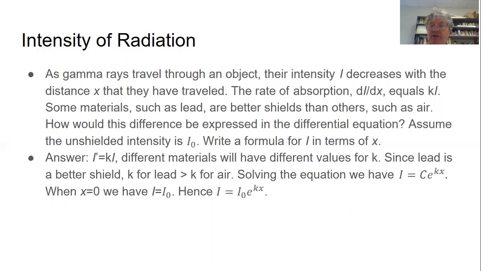Then we can find the constant C, because we're told that when there's no shielding, the intensity is I0. So you plug in x equals 0 and e to the k0 is 1. So I is the I naught, which must be this constant C. Hence the solution is I equals I naught times e to the kx. Okay, so that finishes that section.